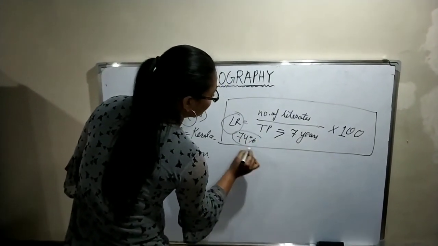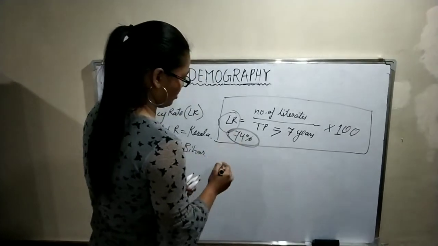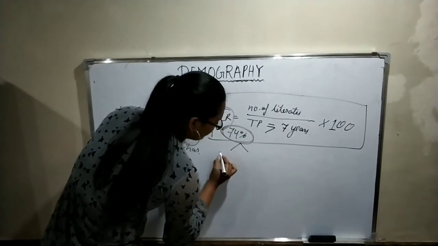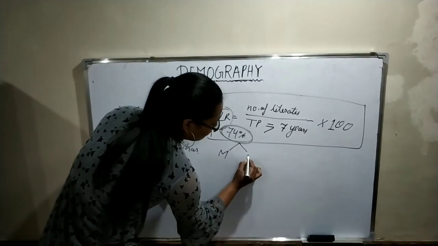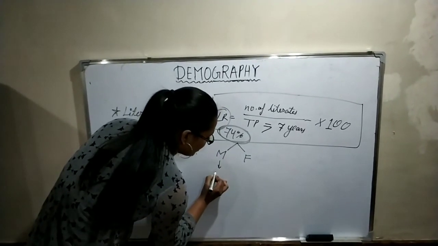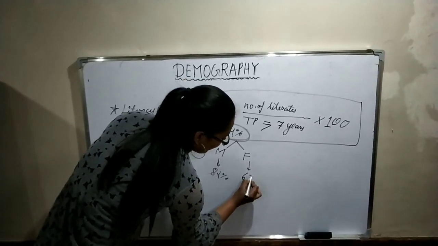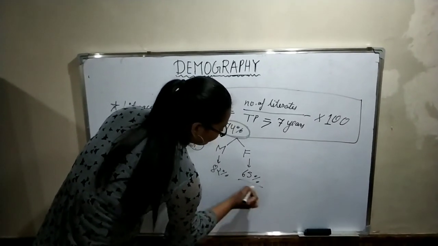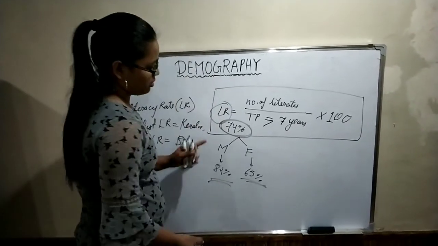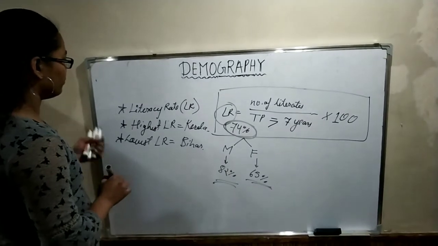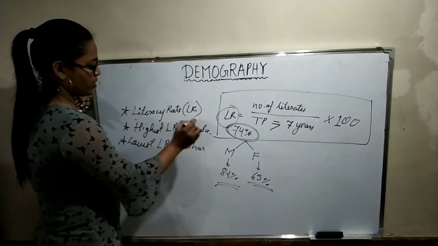In India, literacy rate is 74%. But if we talk individually for male and female, then the male has 82% literacy rate and female has 65% literacy rate. It is in India. So this is about the literacy rate.